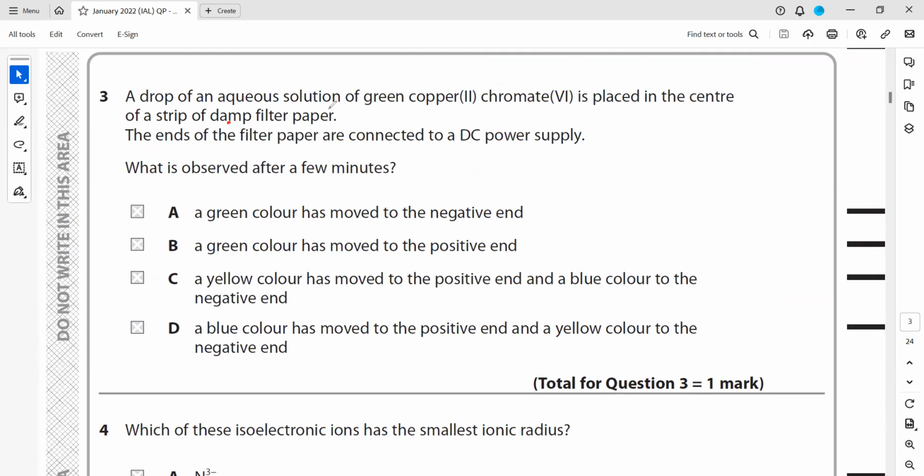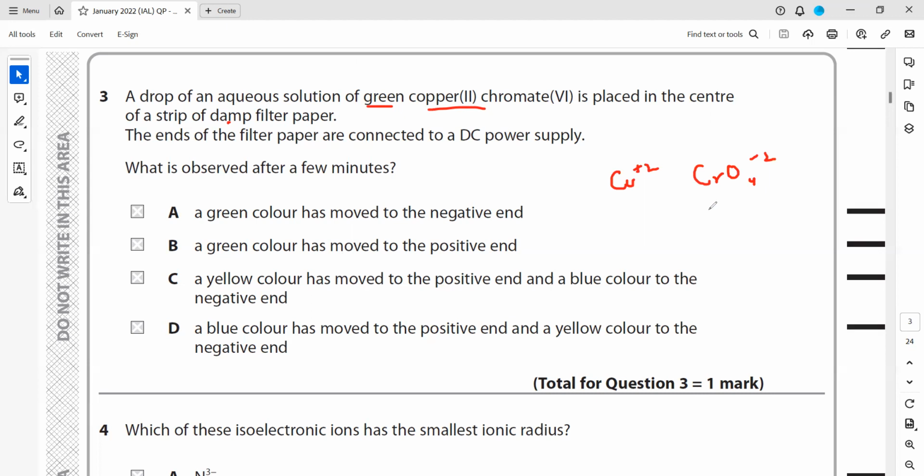A drop of aqueous solution of green copper chromate, so we have copper ion and chromate ion, CrO4 with a charge of -2, is placed on damp filter paper. What is observed when we pass current? What is the color of the copper? Copper ions are blue. And what is the color of the chromate ion?